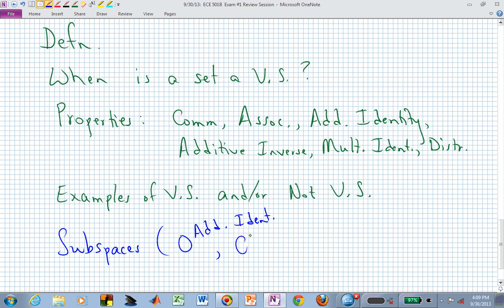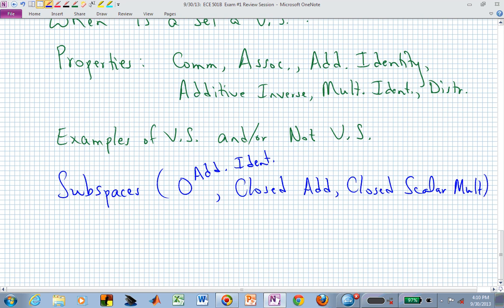It needs to be closed under addition and closed under scalar multiplication. Those 3 properties, because it inherits all these other properties from it being a subset of a vector space, to verify that a subset is indeed a subspace, you really need it to have these 3 properties.